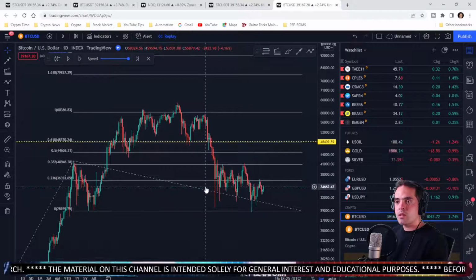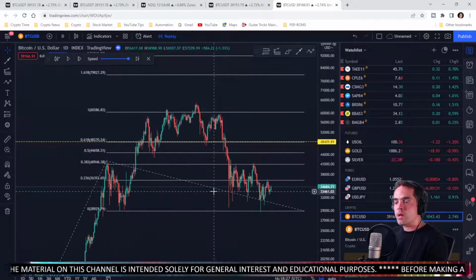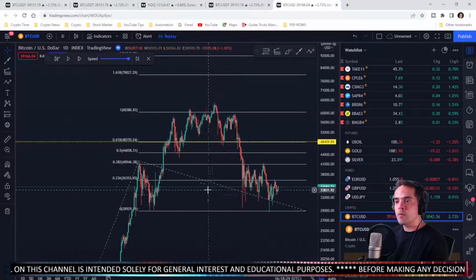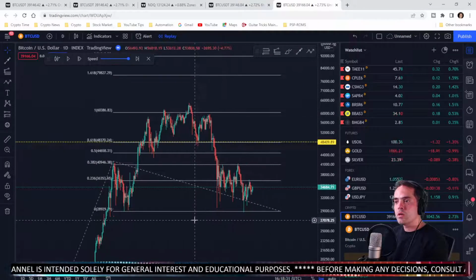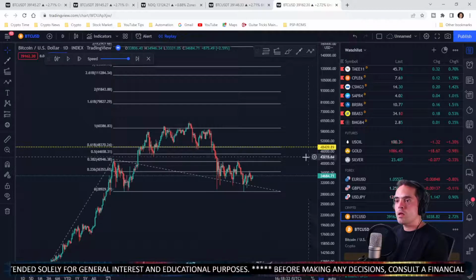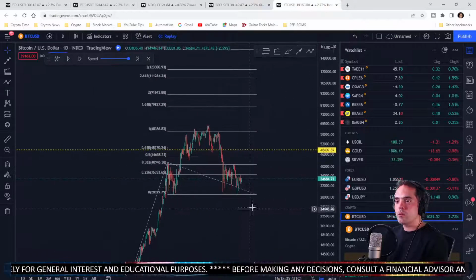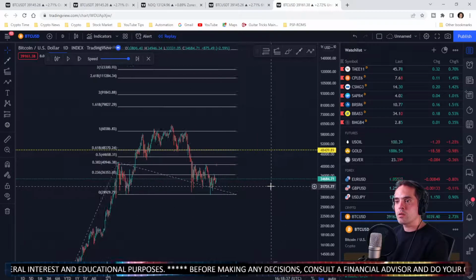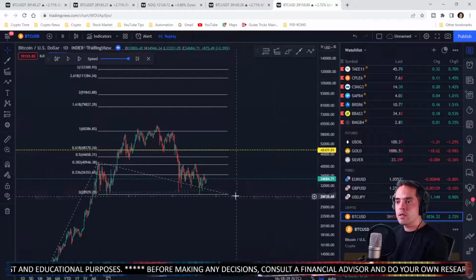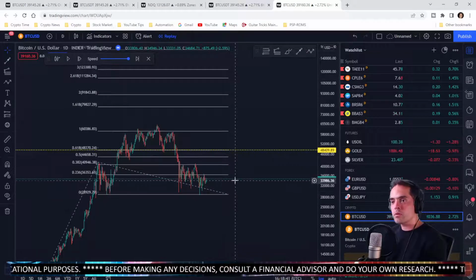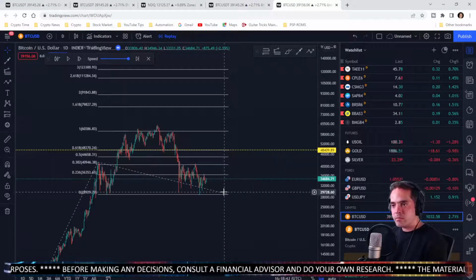So once we get that right, we can expect to know important zones. And lots of traders are looking at those zones for selling and buying.